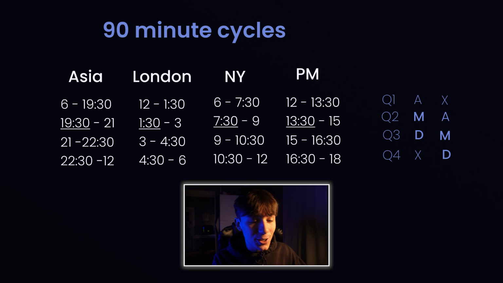Now the only thing you need to do is to have these times on a sheet of paper next to you while you're trading a session, and if Q1 is accumulation, then you use AMDX for the next quarters. If the first quarter of the session is a trend reversal or a continuation, then it can be an XAMD pattern.